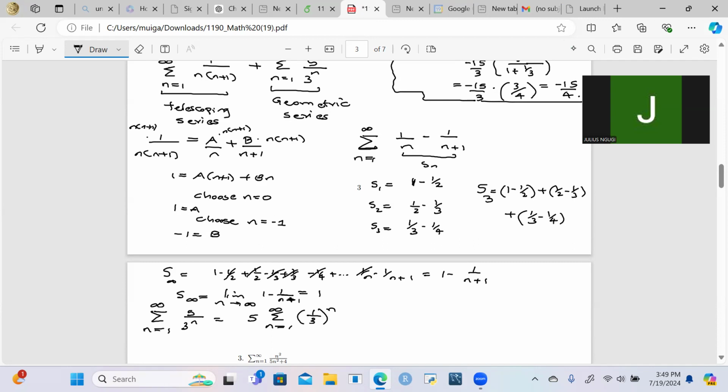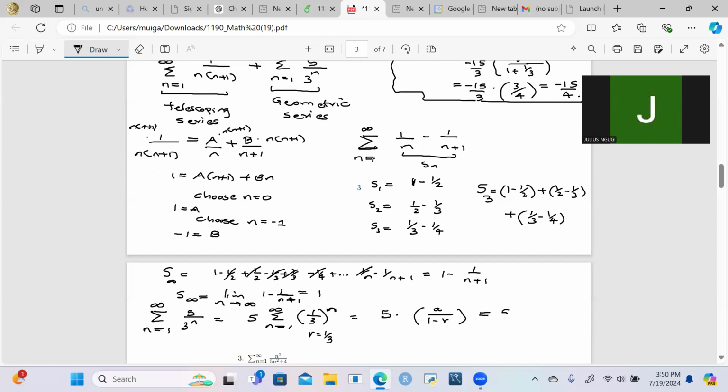This one is in that form, n equals 1 to infinity, and we have that the ratio r equals 1 over 3, and we can find that a equals 1. So again, this one converges, and the sum will be equal to 5 multiplied by a over 1 minus r.